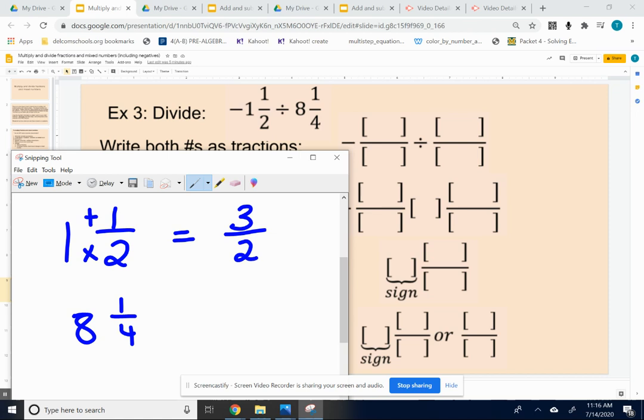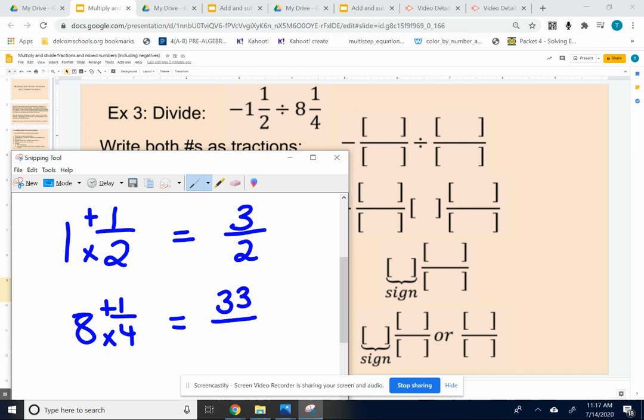Now I do need to remember that when I put it into my slide, it's a negative because the mixed number that I started with was negative. So that's going to be a negative 3/2. Okay, 8 1/4. I'm going to multiply 8 times 4, which is 32. Add 1, which is 33.